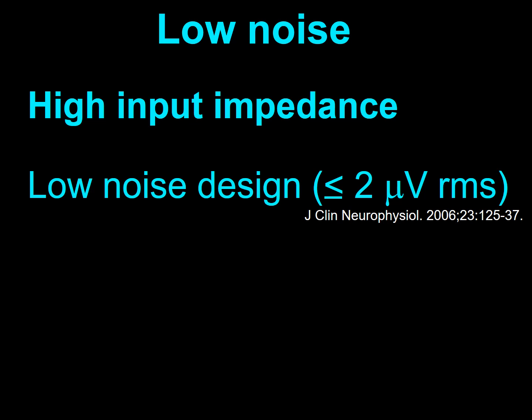The International Federation of Clinical Neurophysiology recommends that the noise level produced by an amplifier should not exceed 2 microvolts peak to peak at any frequency between 0.5 to 100 Hz. This is probably the reason that for brain death determination, an EEG electrical activity of up to 2 microvolts is accepted.